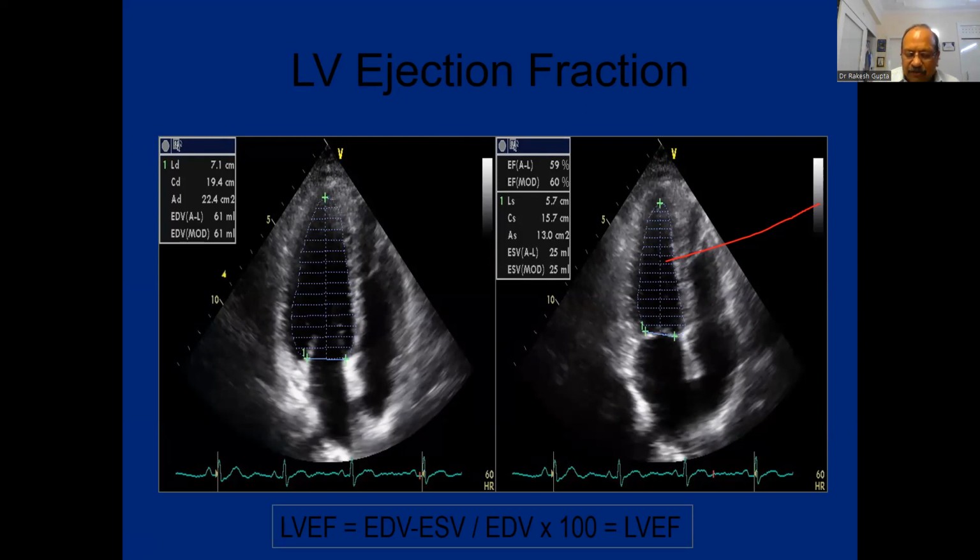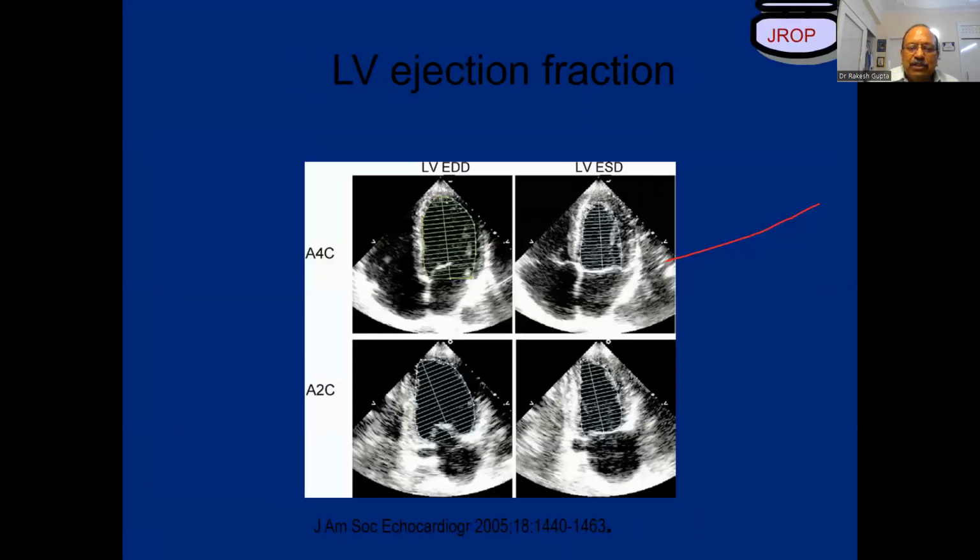Today, when we talk of ejection fraction, we always go to a biplane view. Biplane means we go to apical four-chamber view, diastole and systole. That's end diastole, beginning of systole, and this is end systole. Look how much change has happened from the beginning of systole to end of systole. So this is the volume at the beginning of systole, and this is the volume at end systole. Similarly, we go to the two-chamber view, anterior and inferior wall.